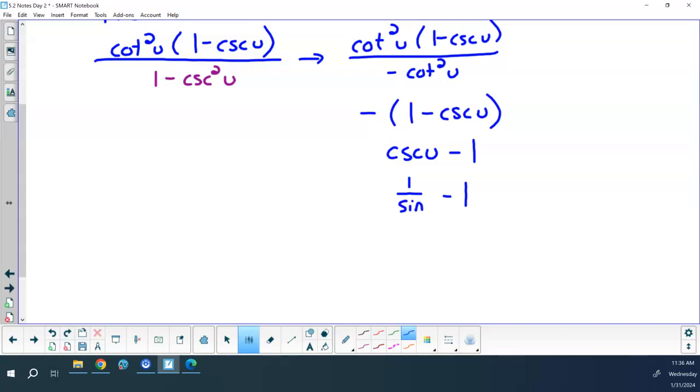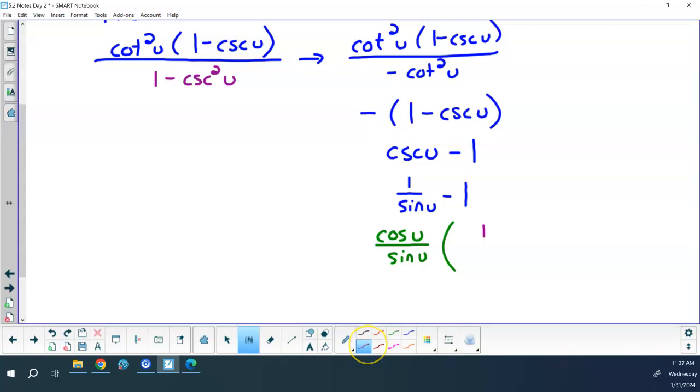Now, I want this to have a cotangent in it, in the end, correct? Yes? Okay, so let's introduce cotangent. I forgot the u here. If I introduce cotangent, I need whatever this gets multiplied by to give me 1 over sine.